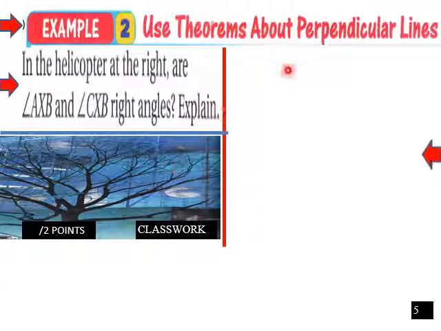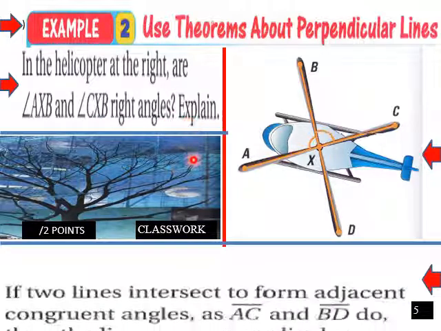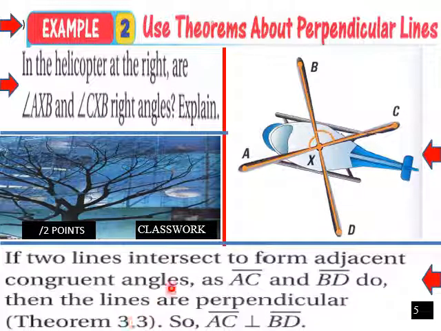Example 2, use theorems about perpendicular lines. In the helicopter at right, are angles AXB and CXB right angles? Explain. Well, if two lines intersect to form adjacent congruent angles, as AC and BD do, then the lines are perpendicular, theorem 3.3.